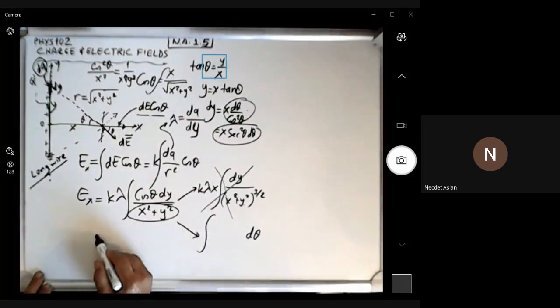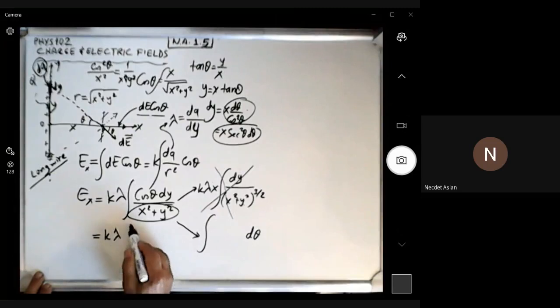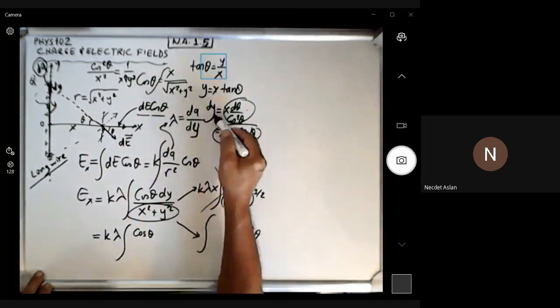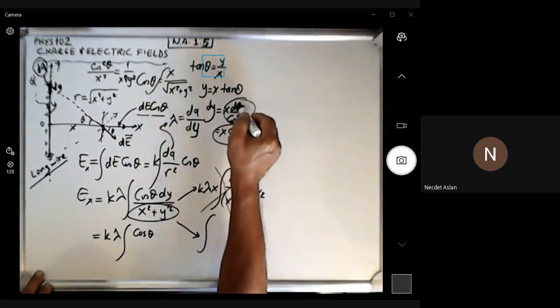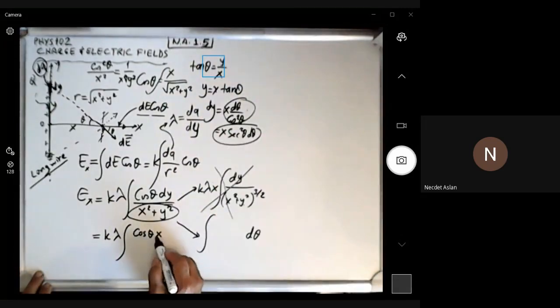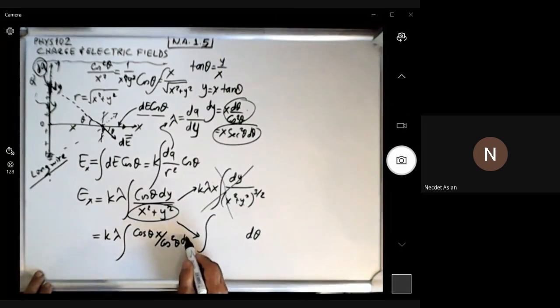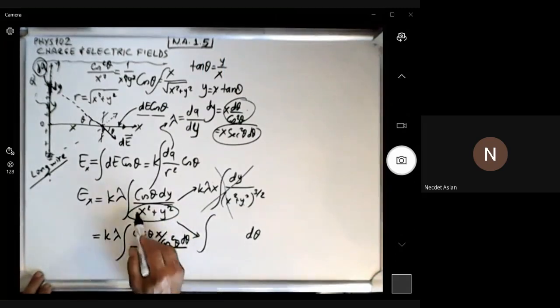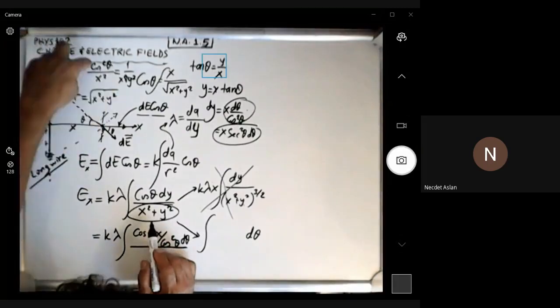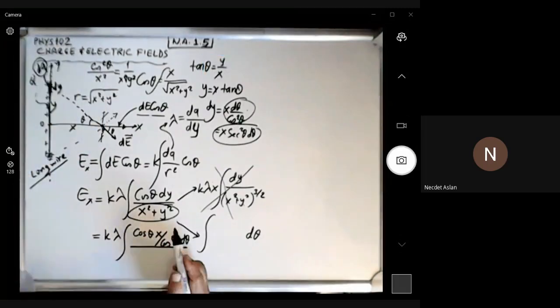So now this Ex will be equal to k lambda. Now cosine theta is there. I'm not touching it, as you see, but dy is coming from here: x d theta over cosine square theta. Everything divided by this, but this is just cosine square theta divided by x squared.